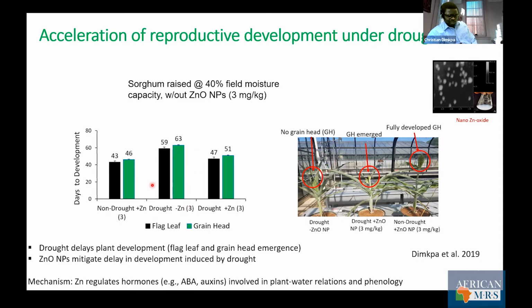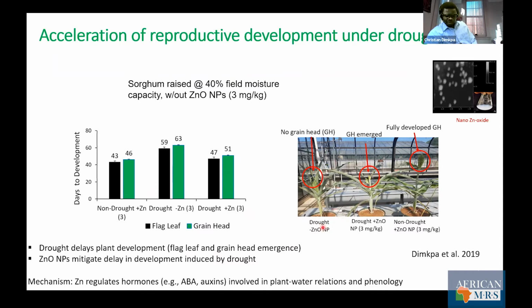The mechanism is thought to be the role of zinc in regulating hormones such as abscisic acid and auxins. These hormones are involved in plant-water relations and in phenology. So by adding the zinc, you provide the active material to facilitate enzyme activity, and then the hormones can become active. So these are the plants here, just to prove that this is not just data, it's in real life.